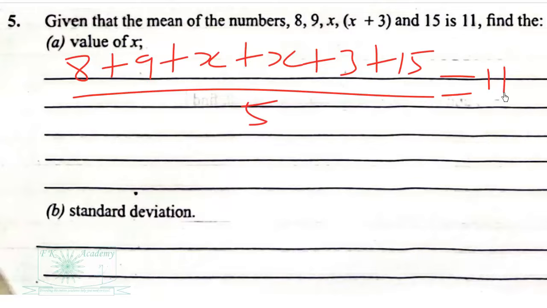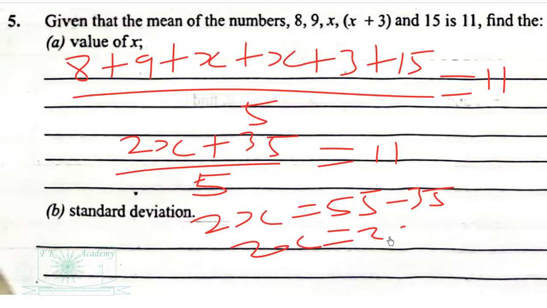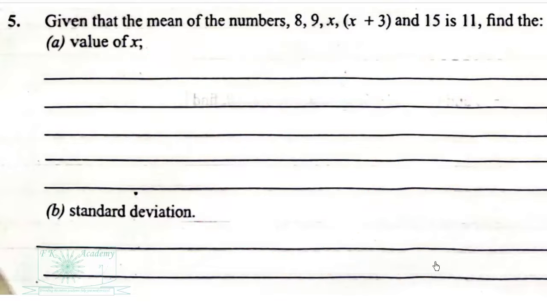So this will simplify to 2x plus 35 over 5 is equal to 11. 2x will be equal to 55 minus 35. So 2x will be equal to 20. x must be 10.